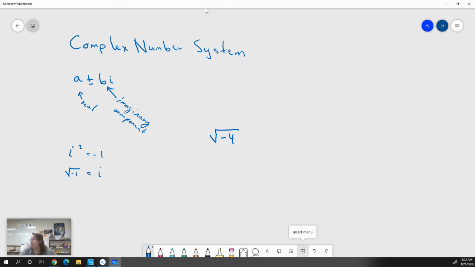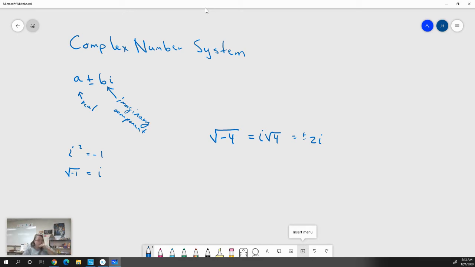So I could rewrite this as i times the square root of 4, and then we know that the square root of 4 is just plus or minus 2, so it would be plus or minus 2i, right? And all that i means is the square root of -1, right? And that's something you're going to want to remember, especially when we get into multiplying these things.